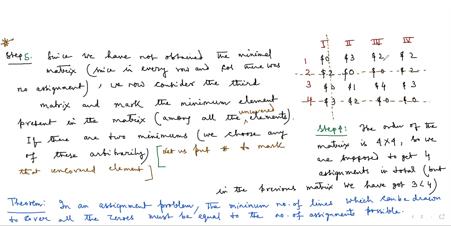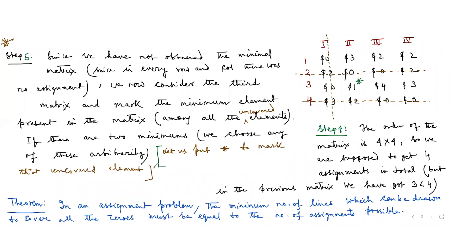These 6 items are the uncovered elements. So we can easily see that among these 6 elements, 1 is the minimum element. So we are going to put a star mark over there. Now step number 5 is not done.